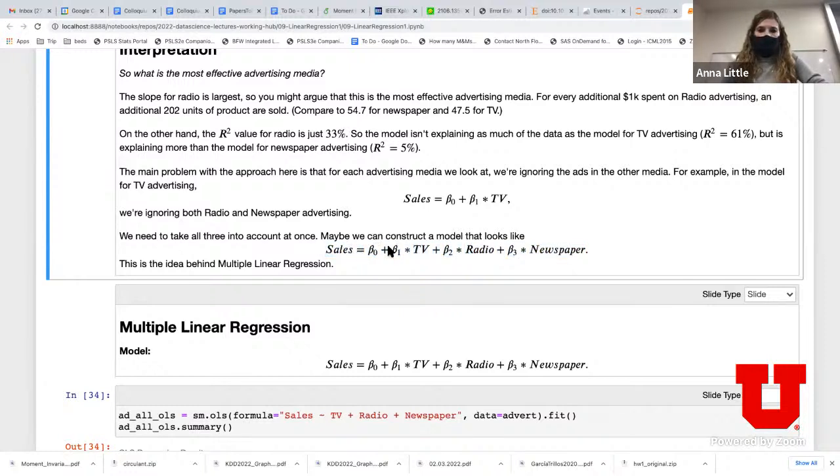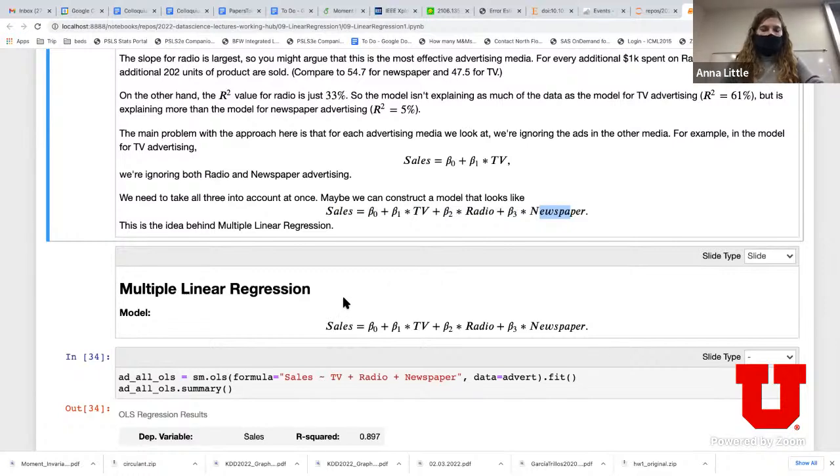Sales is again linear in each of these variables. It's linear as a function of TV, linear as a function of radio, and linear as a function of newspaper. So this is still a linear function, but it's a linear function with multiple variables, right? And so now we have 3 different slopes, one associated with each variable in the model.